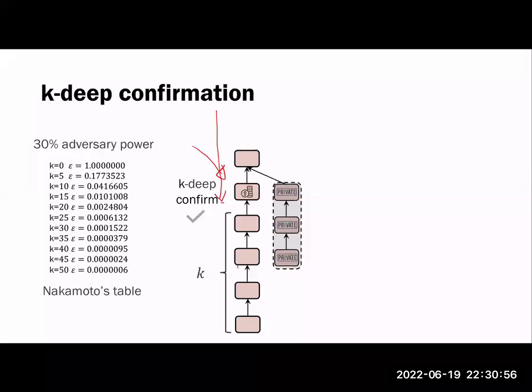And so he did the calculation and he said, let's assume the adversary has 30% adversary power. You can do this calculation for any percentage, but Nakamoto just calculated an example for 30%. What does that mean? That means the attacker has 30% of the hash power. The honest nodes have 70% of the hash power.